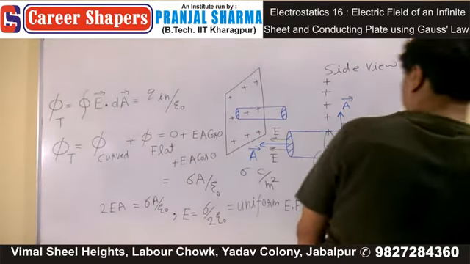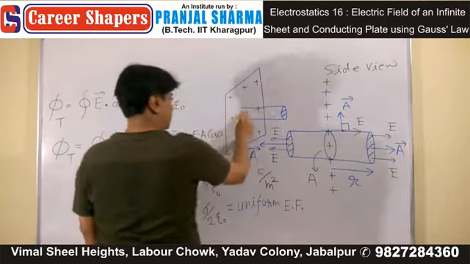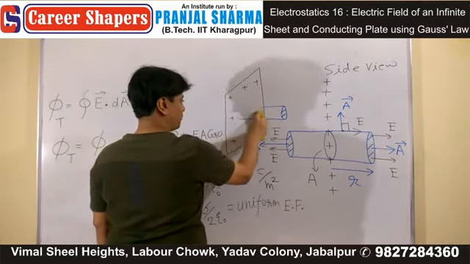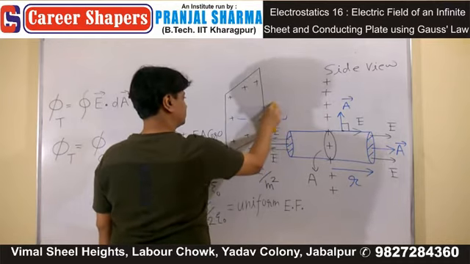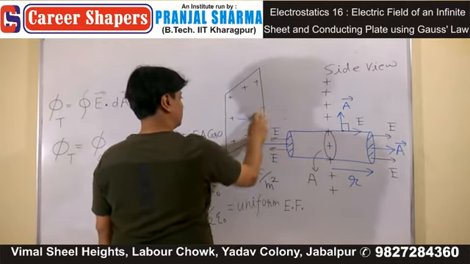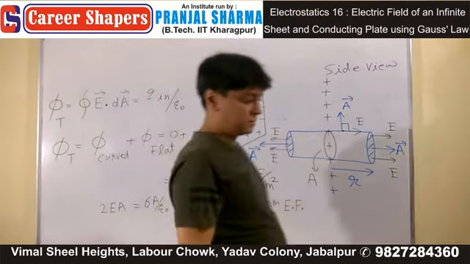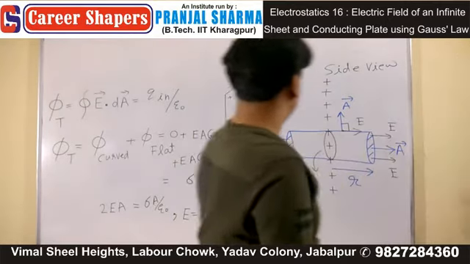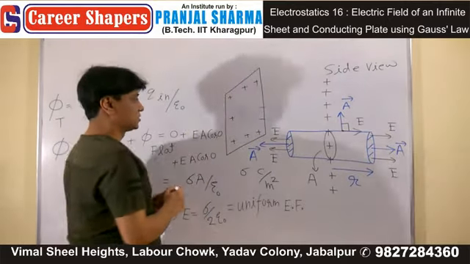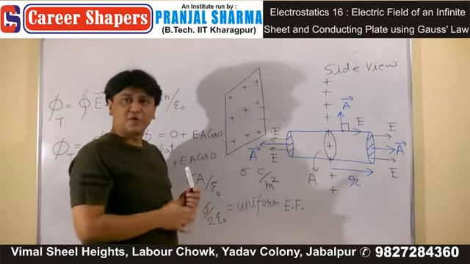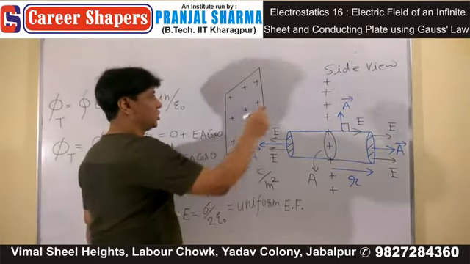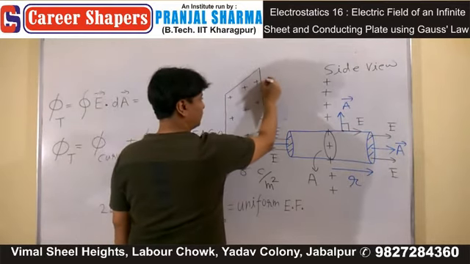You can draw a separate figure and then you should draw electric field lines like this. This is the charge distribution. For this infinite charge distribution, that's how you will draw your electric field lines.